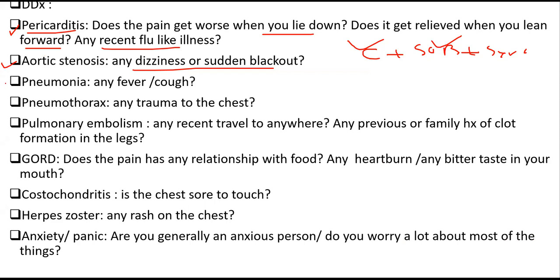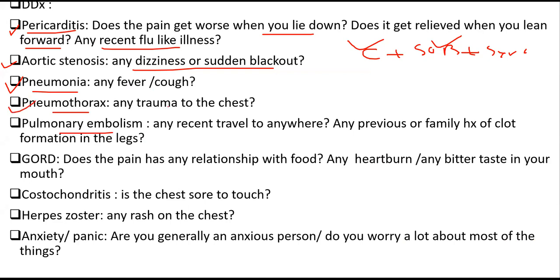Then you move on to the respiratory system: pneumonia, pneumothorax, pulmonary embolism. For pneumonia, we have four features: fever, cough, shortness of breath, chest pain. Shortness of breath and chest pain you already asked, so ask about any fever, any cough. You can also ask about any flu-like illness.